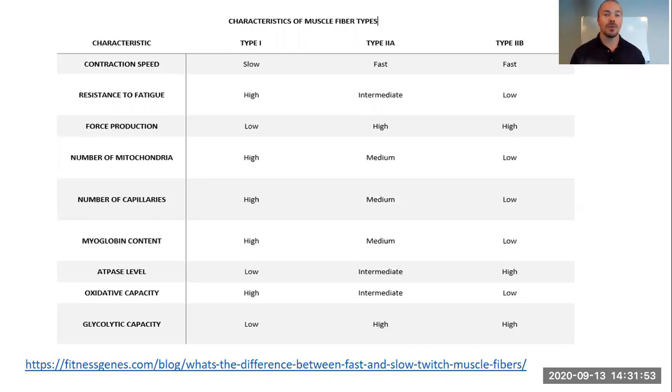So as we're thinking about what kind of training we might put athletes through, think about their needs. Think back to that needs analysis discussion we had early on in this program.